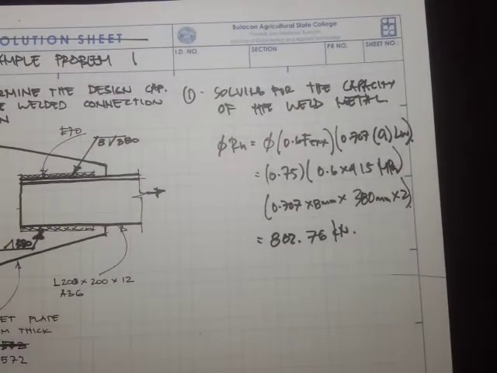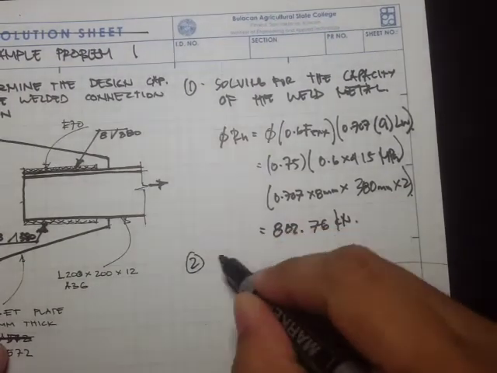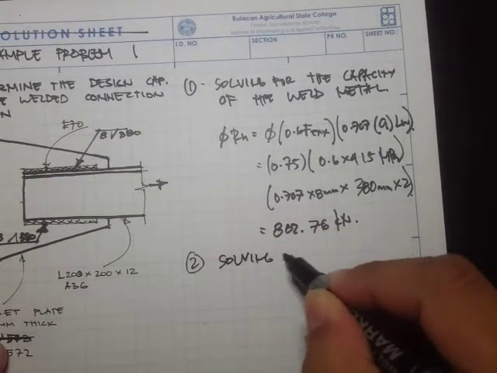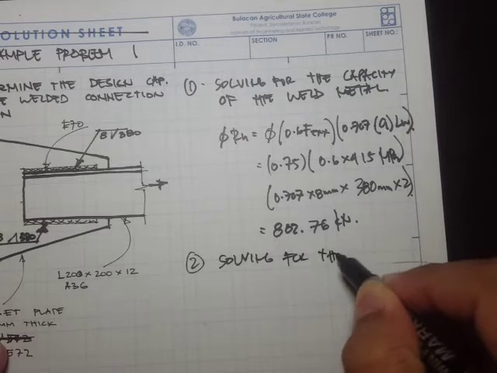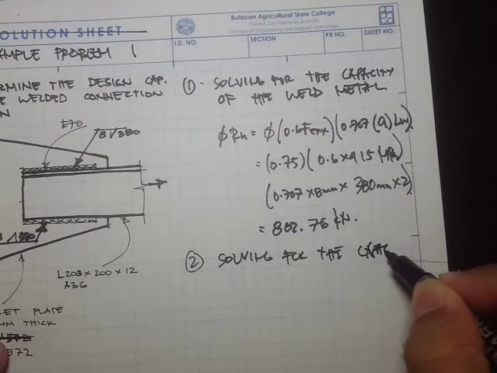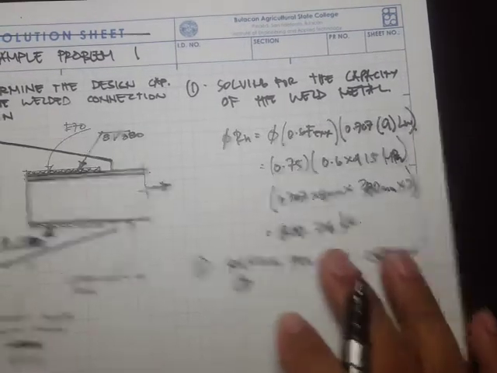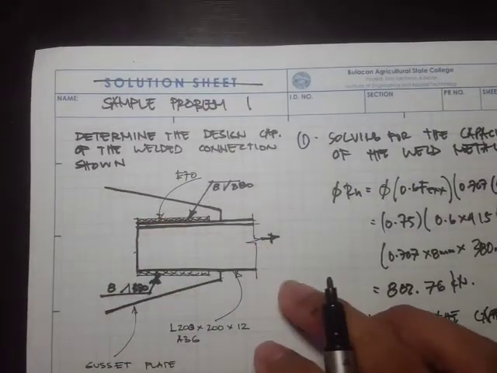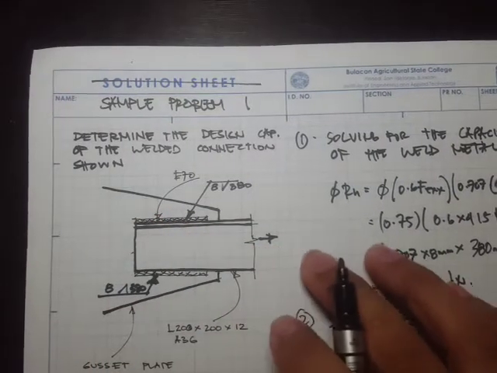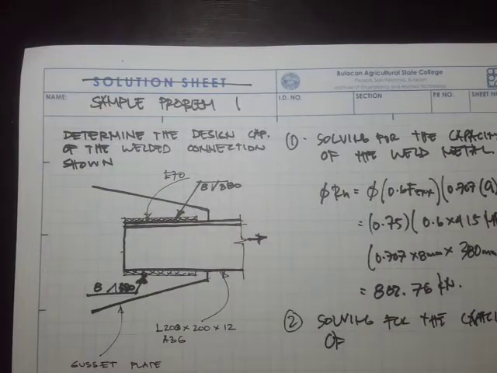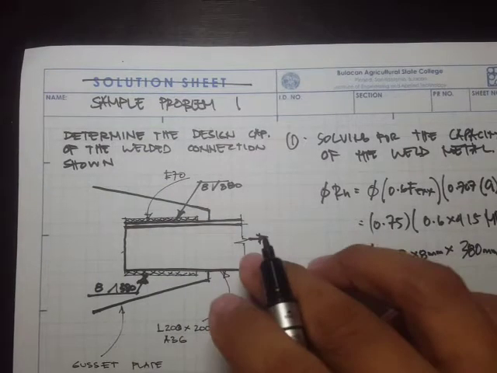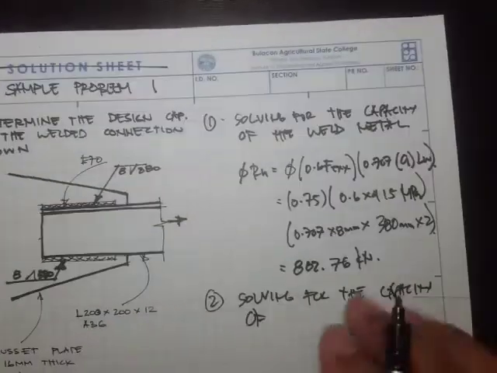Now the next step is to solve for the capacity of the base metal. Since we have two base metals and different steels, we'll have to check each steel.